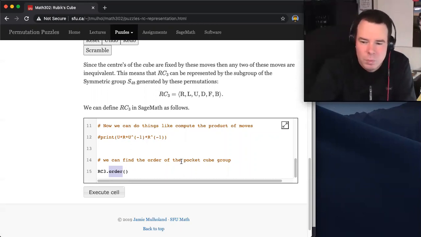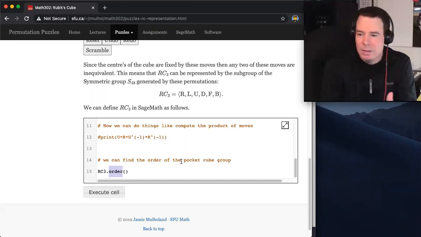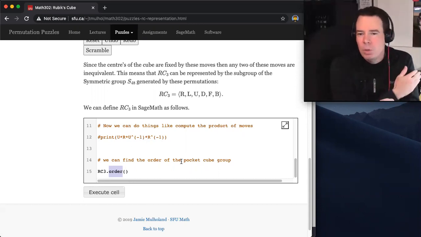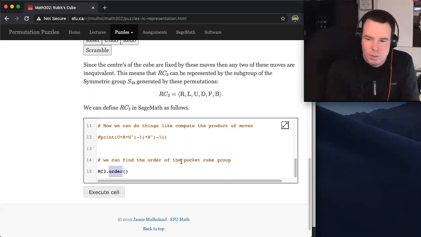So there's this notion of what's called a center of a group. And the center of the group is all the elements in the group that commute with every other element of the group. So for example, if we had an abelian group where every element commutes, then the center is the whole group. I mean, there's not much new there.